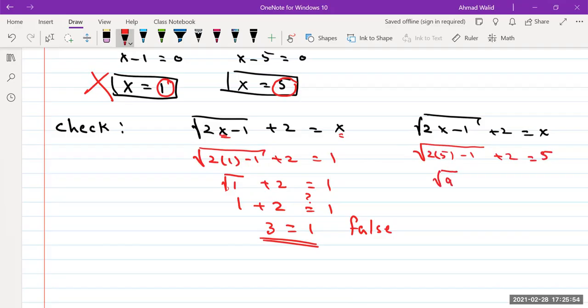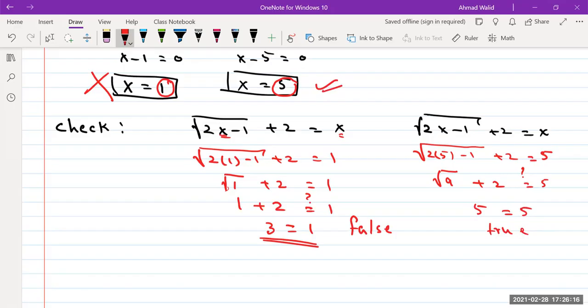Square root of 9 plus 2, is this equal to 5? Square root of 9 is 3. 3 plus 2, 5. 5 equals 5. A true statement. Then x equals 5 is the only solution for this equation.